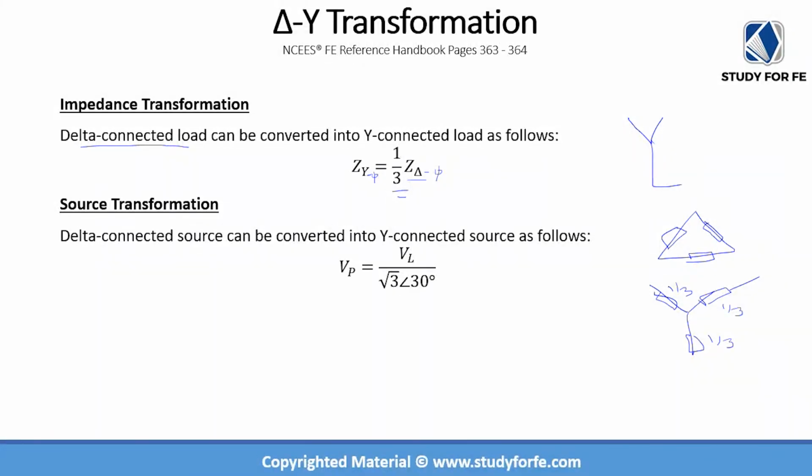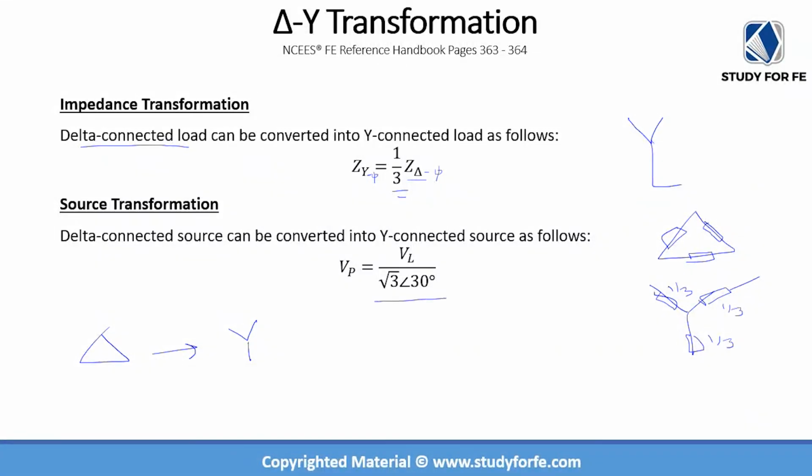And when it comes to source transformation, if you have a delta connected source and you want to transform it into a Y connected source, it's pretty simple, because if you remember, your phase voltage and the line voltage in delta are identical. So to establish the phase voltage of the Y network, you simply divide the line voltage of the delta, which is the same as its phase voltage, by square root 3.